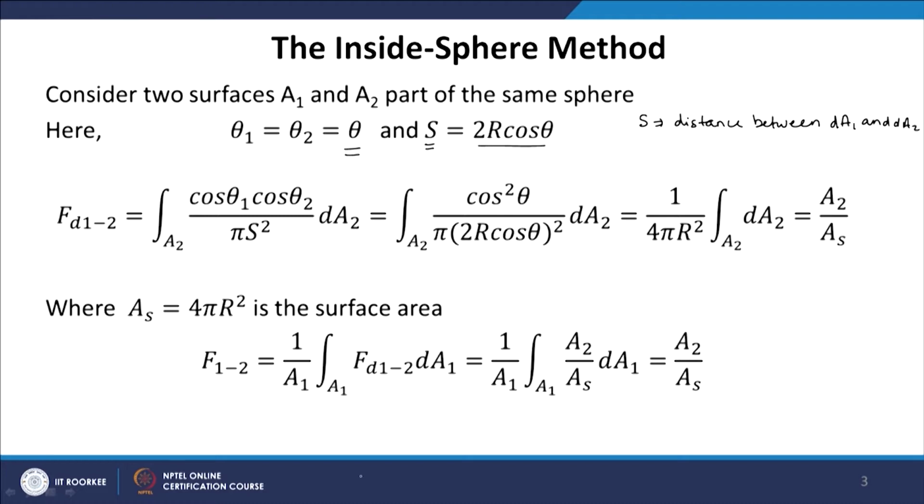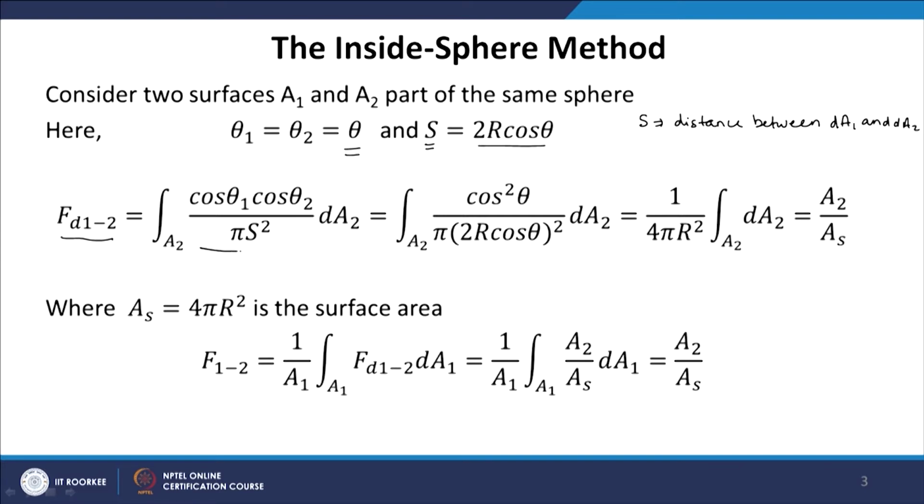Now, we define the view factor between these two infinitesimal elements dA1 and dA2. We define F d1 to 2, that is to the entire surface 2, which will be obtained by integrating the small element view factor F d1 to d2.